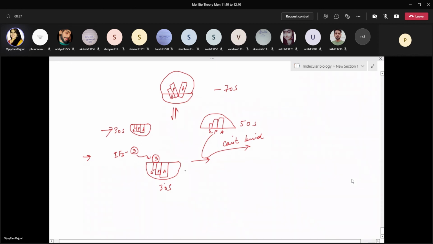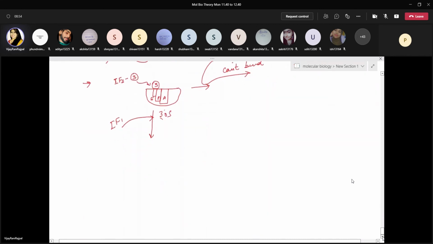Okay. Now to this complex, IF1 comes and binds. I'll take it forward. So IF1 is specific to bind to the A site. Fine. So the same thing we'll make again.